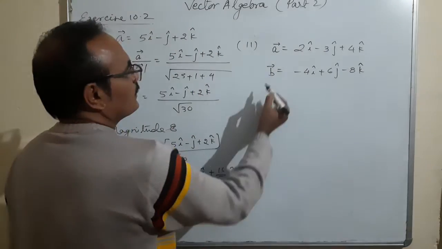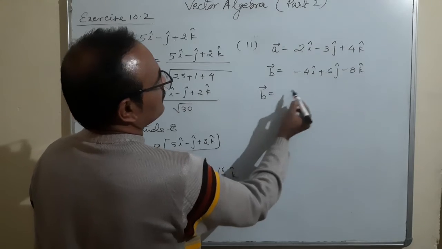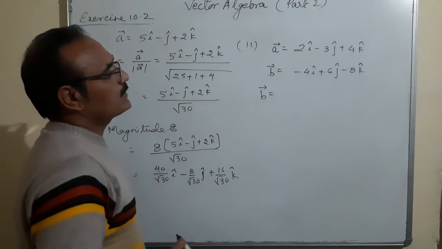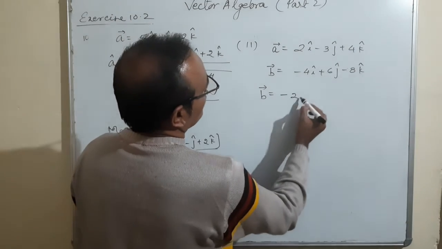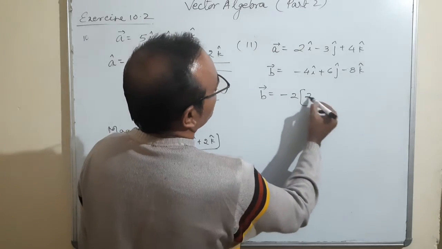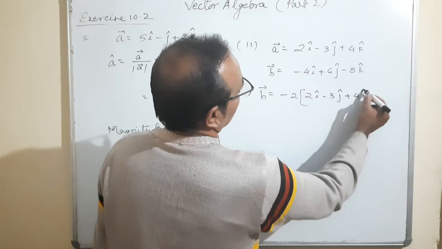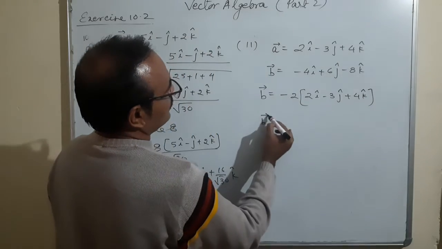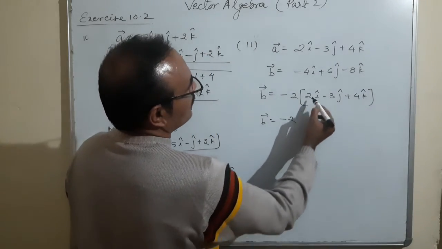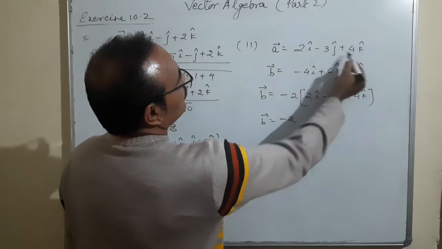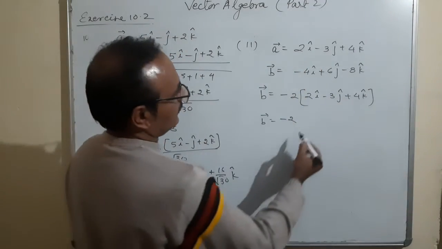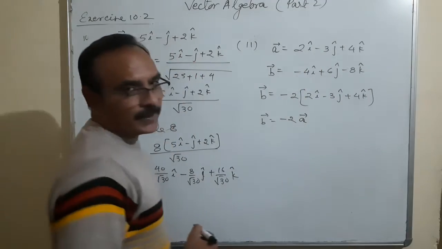It's a very simple way. Already we have solved this type of question. From this, may I take minus 2 common? If I take minus 2 common, it is coming 2i minus 3j plus 4k. So vector b is equal to minus 2 times vector a. Okay.